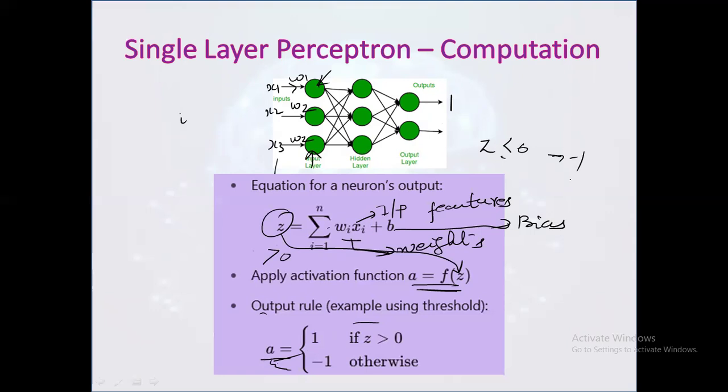A simple activation function is the threshold or step function, which outputs 1 if the sum z is greater than 0, and minus 1 if not. This binary decision rule makes it suitable for basic classification tasks such as distinguishing between two classes, either on or off.